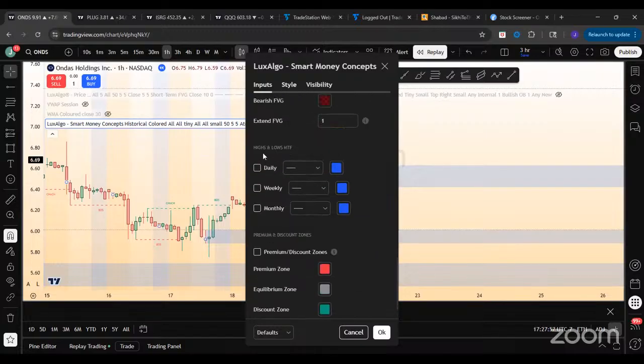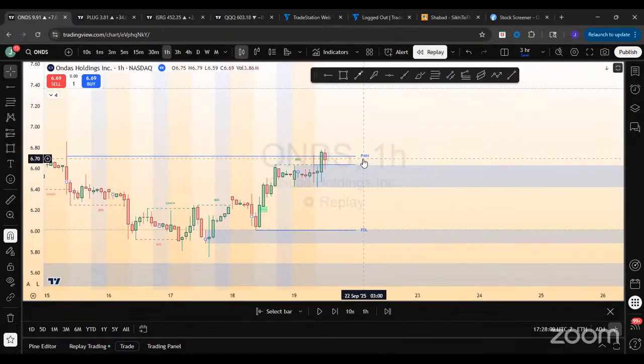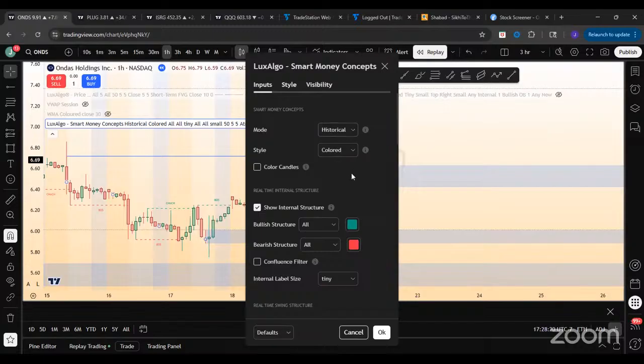It also gives you highs and lows on a daily and weekly basis. There you go, right there it drew a level: previous week high, previous day high, previous day low. This indicator is very nice, and this is free. I can see why whoever developed it has a paid version and a free version. It's just such a nice indicator.